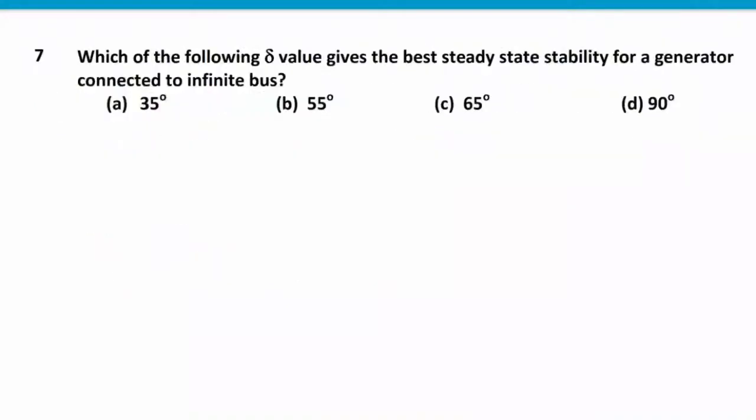Next question. Which of the following delta values gives the best steady state stability for a generator connected to an infinite bus? These values are given. First thing, what is delta? Delta is the generator load angle, where the generator is connected to the infinite bus, which has its voltage angle considered as the reference.